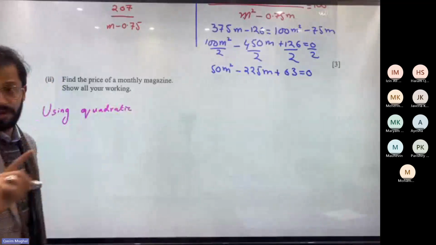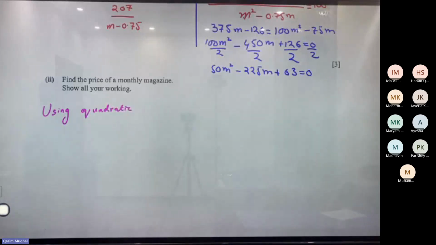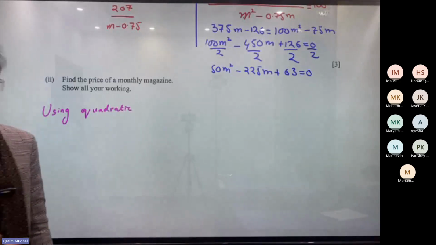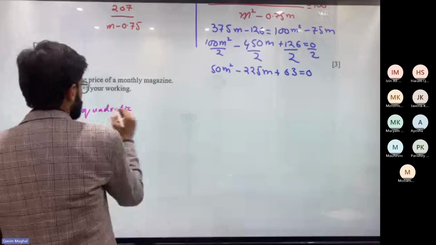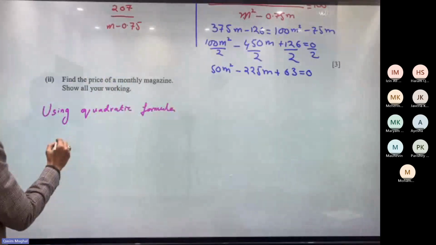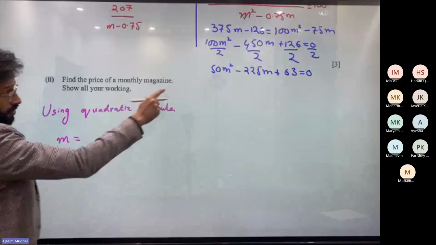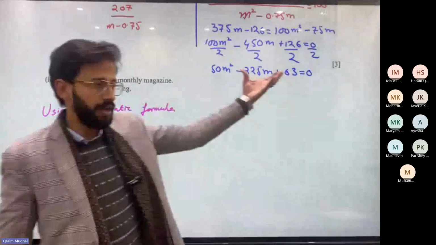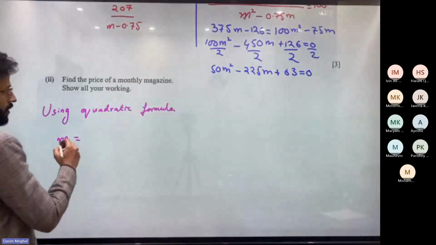Or if you want to say one variable, then say it as one variable with different indexes or different powers, using quadratic formula. Okay, m is equal to, because the equation which I am going to solve is a quadratic equation in m.